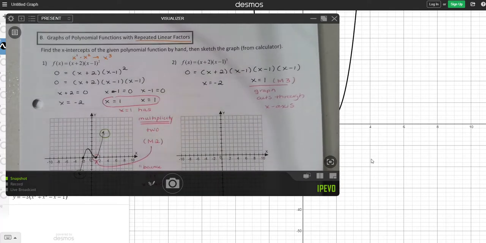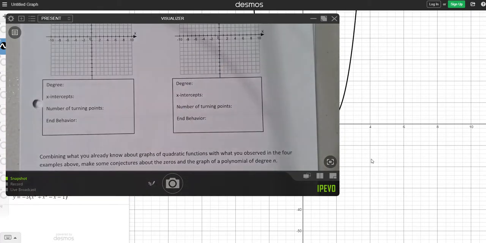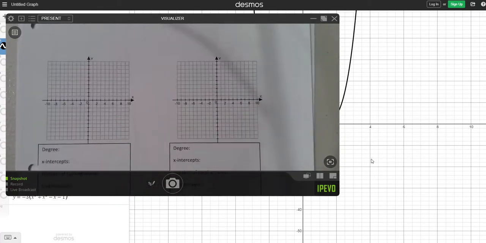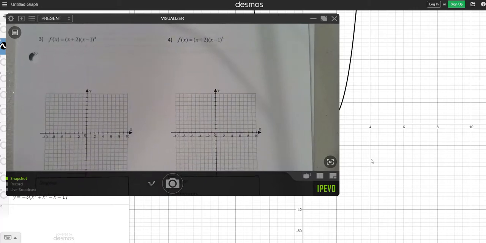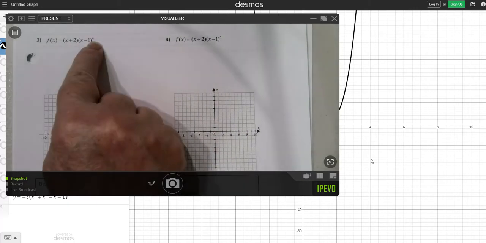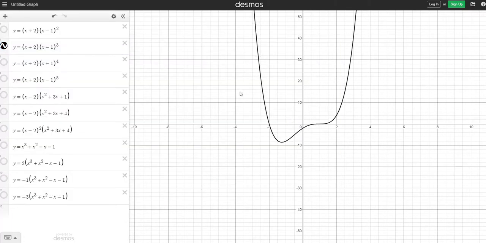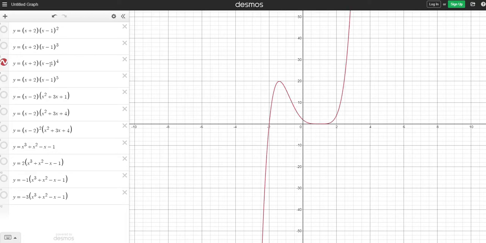On the next page, I'm going to continue with the same basic setup. And you will notice that we have a 4th power and a 5th power. So let's take a look at those. With the 4th power, x equals 1 is going to have multiplicity 4.